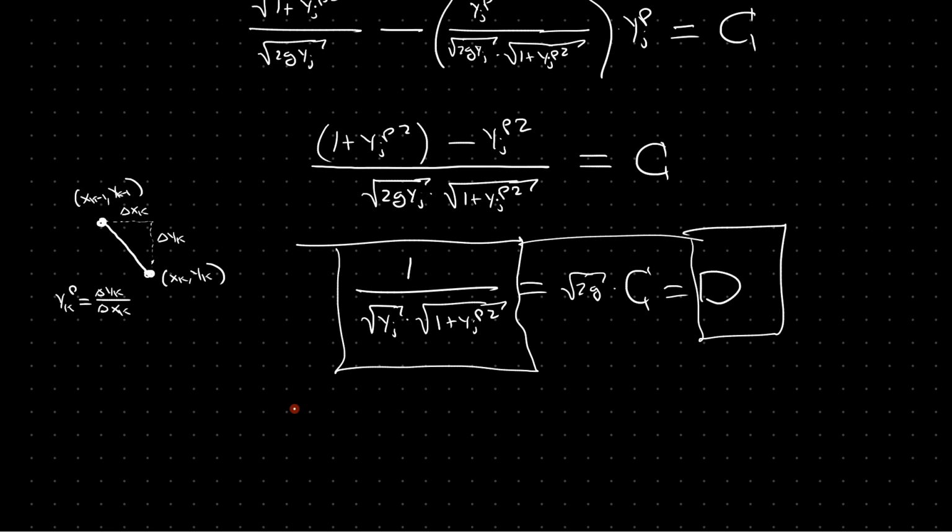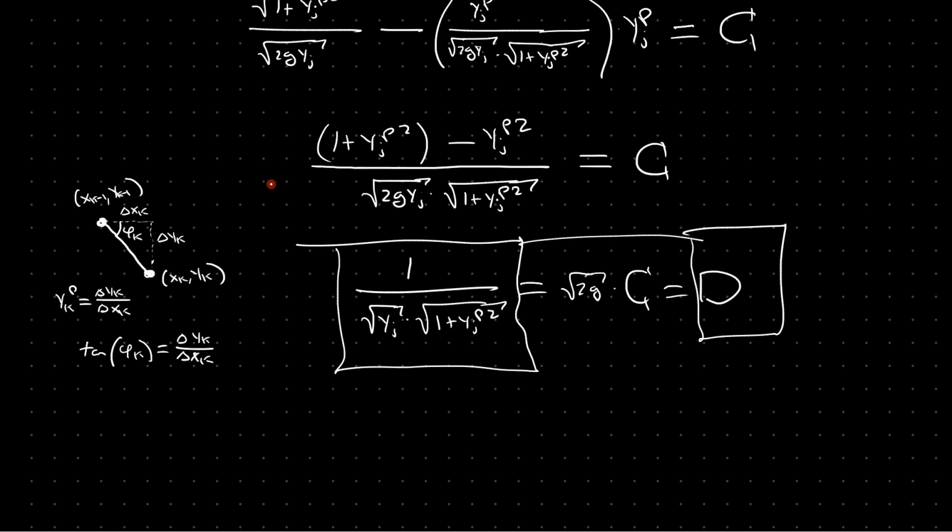So what is 1 over the square root of 1 plus yjp squared? It's precisely the cosine of this angle, call it phi k, right here for any one of the segments, because the tangent of that angle phi k is exactly the opposite over the adjacent, which is delta yk over delta xk.